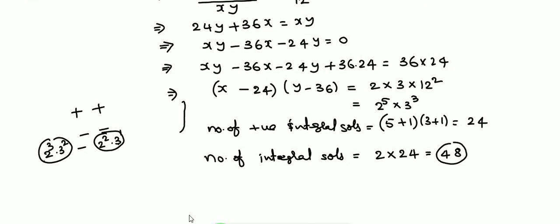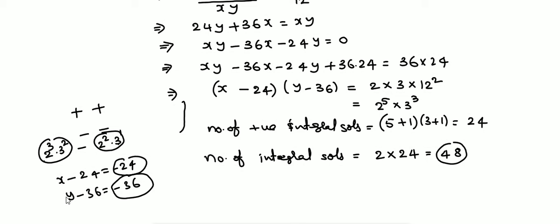There is a possibility that x - 24 is equal to -24, then x can be 0. At the same time, y - 36 is equal to -36, then y can be 0. So -24 and -36 is the one possibility at which x and y both can be 0. There is no other possibility. So subtract 1, this is equal to 47. In this case, the answer is 47.